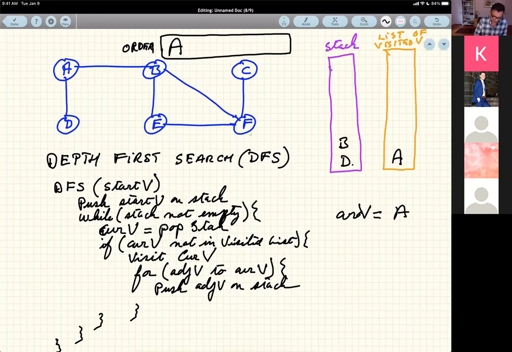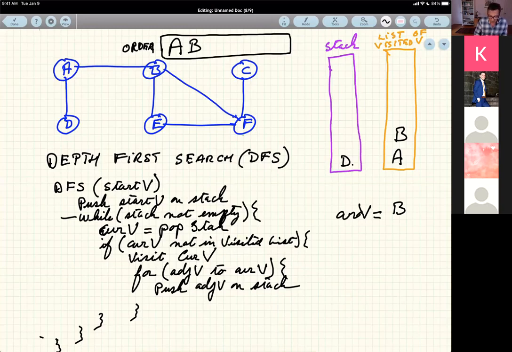Now I go back up to the top of the while loop and pop the stack. What's at the top of the stack? It's B. Remember, a stack is not like a queue. So I take B out. If the current vertex is not visited, visit it. B goes into the list of the vertices that we have visited, and into the order of the vertices over here.